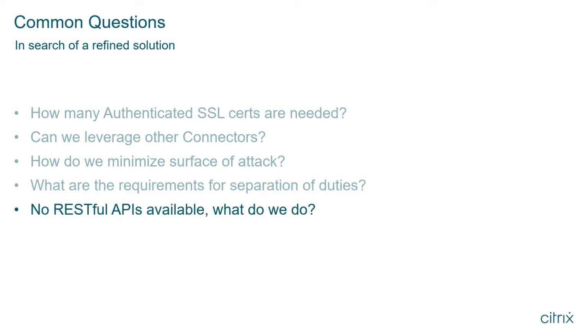And then, how about RESTful APIs? If we take a look at apps and desktops that we're discussing right now, the native way to talk to either on-prem or Citrix Cloud apps and desktops is PowerShell. RESTful APIs are not always available, and the target system might not even have a PowerShell capability.